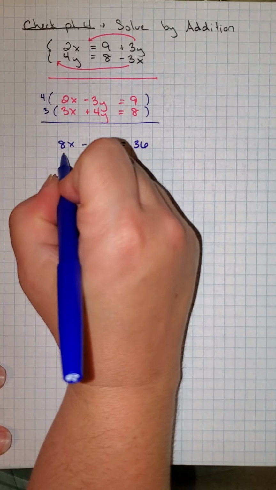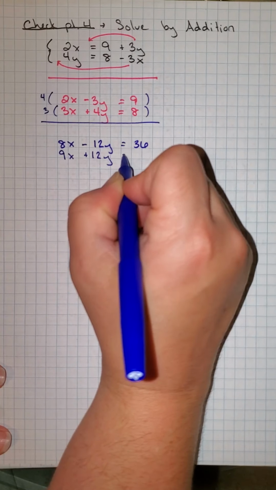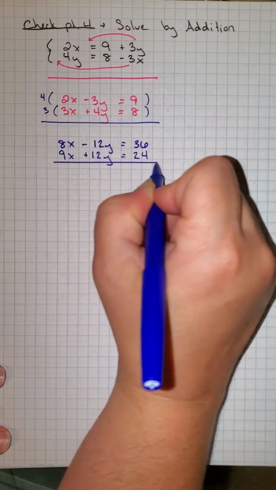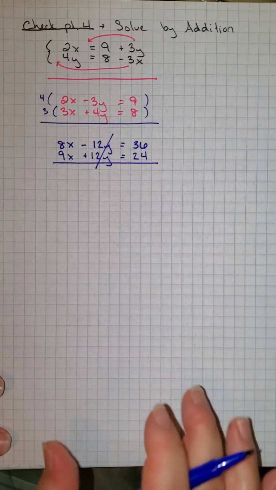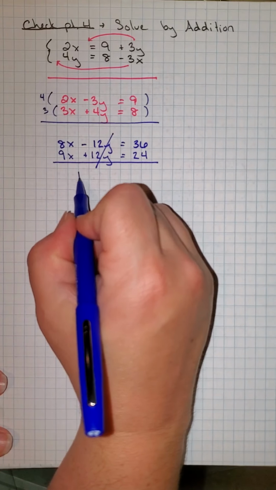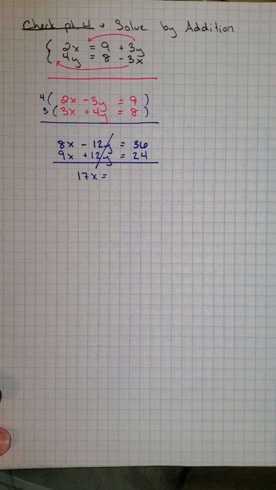And then 3 times 3 is 9x, 3 times 4 is 12y equals 3 times 8, which is 24. So when we add together, our 12y's will go away. 8 plus 9, that's 17x equals 60.